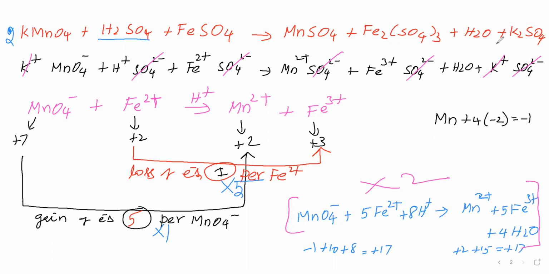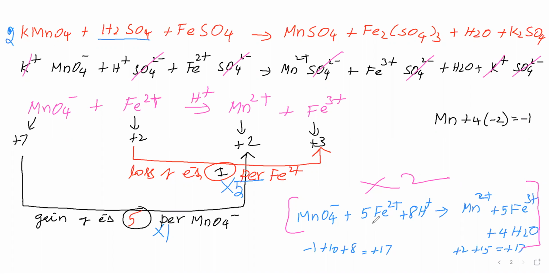Here potassium is 2 times, so we must take potassium permanganate 2 times, which means permanganate 2 times. Permanganate 2 times means multiplying this entire ionic form by 2. Then only the loss and gain of electrons will be equal, otherwise it will change.